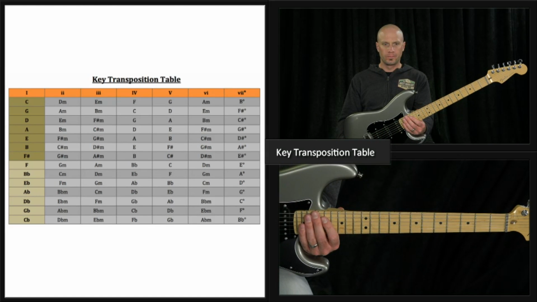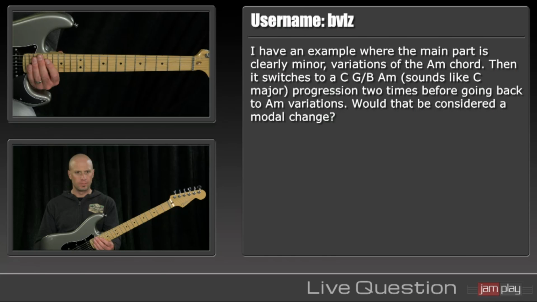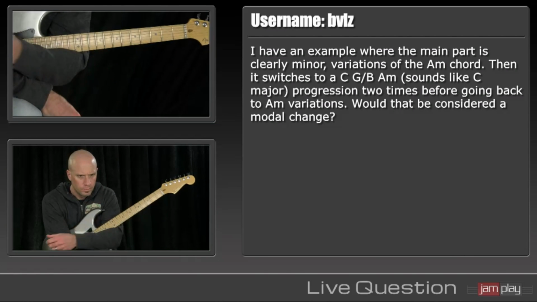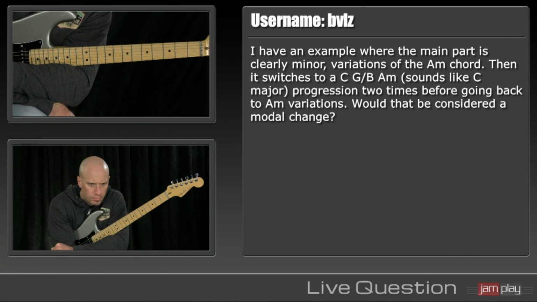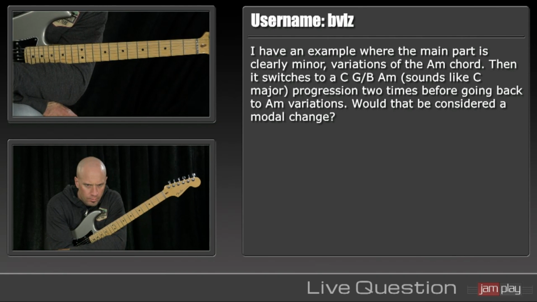Okay, another question from BVLZ here. I have an example where the main part is clearly minor, variations of the A minor chord. Then it switches to a C, G over B, A minor. Sounds like C major progression 2 times before going back to A minor variations. Would that be considered a modal change?